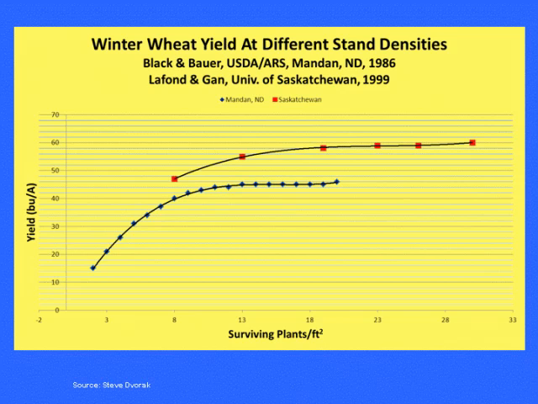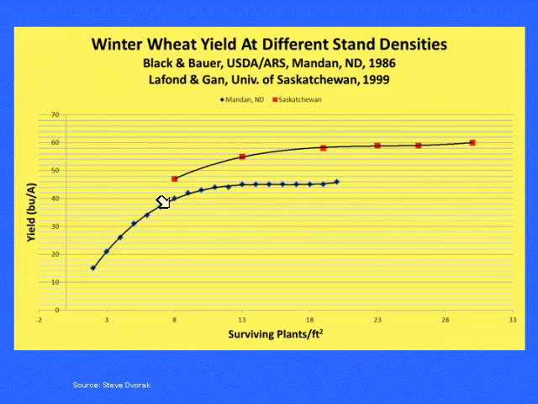So just some data on surviving plants per square meter and yield, and these are data that were put together by Steve Dwarf in Canada, and you can see that when we get into these areas of less than 8, that's when we start to be concerned about the yield potential.